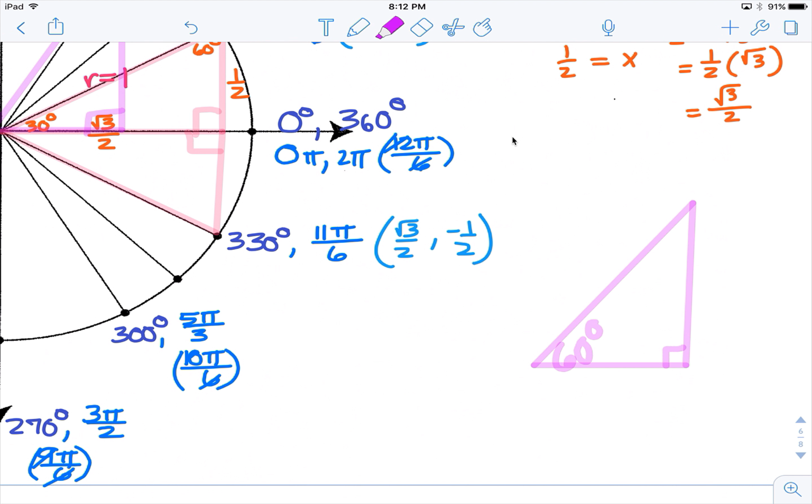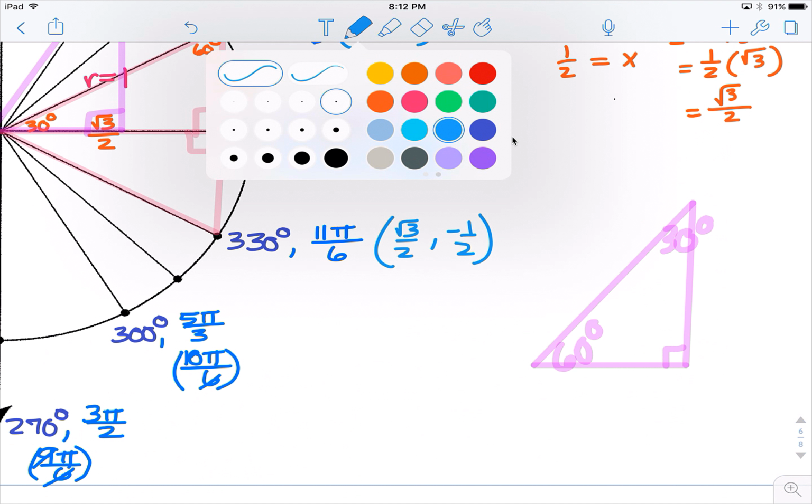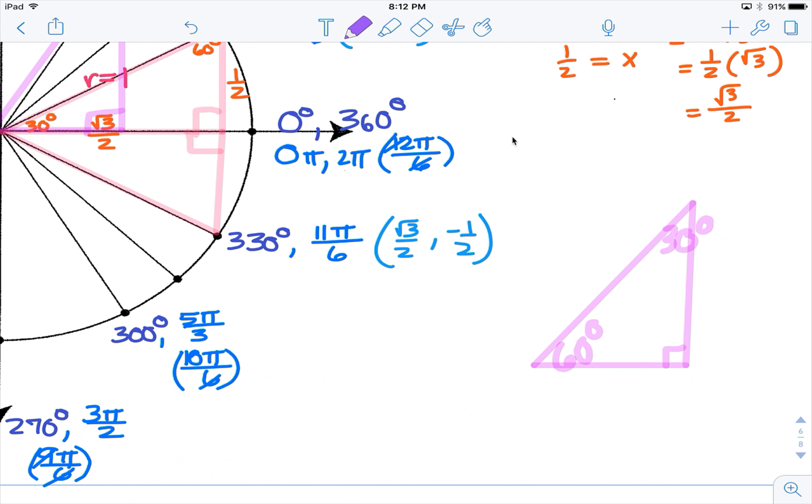So there's my 60, there's my 30. This would be my long leg, my short leg, and my hypotenuse. My hypotenuse is the same as the radius, so it's equal to 1, which means the short leg is 1/2, and the long leg is square root of 3 over 2.